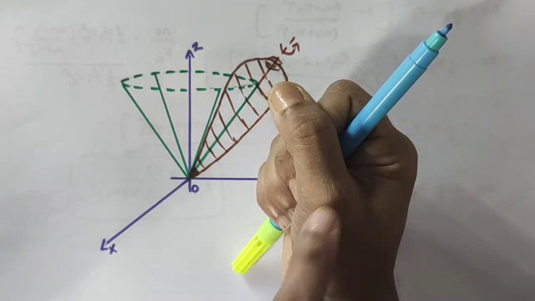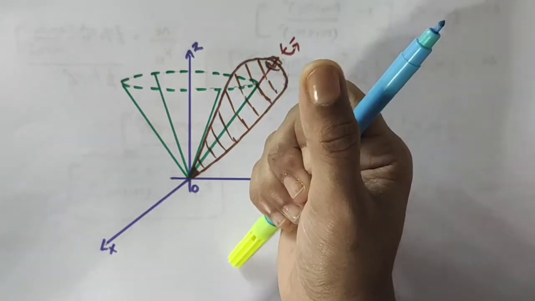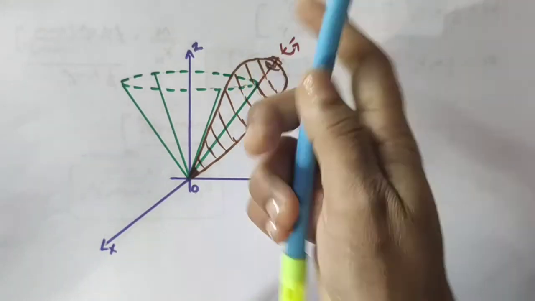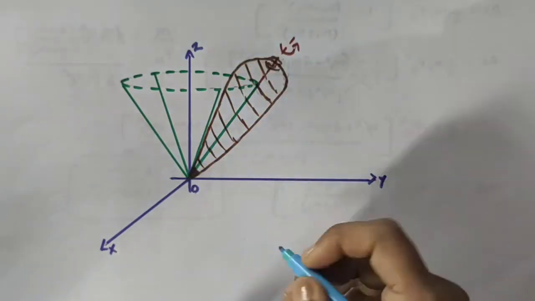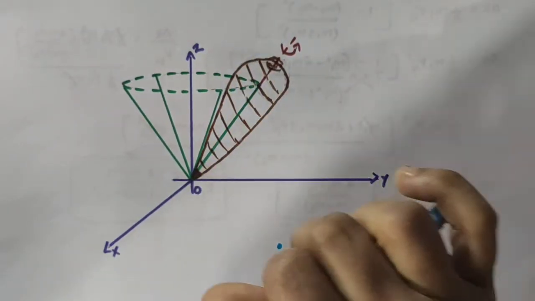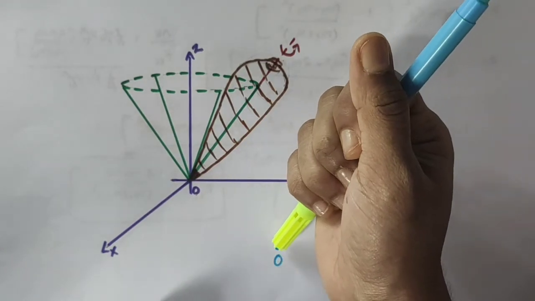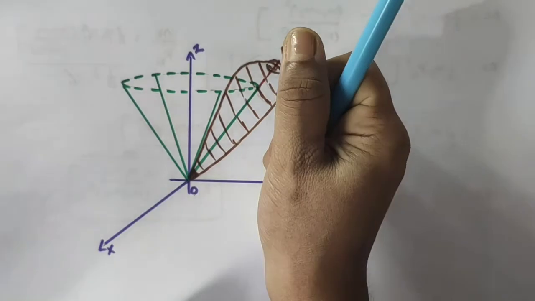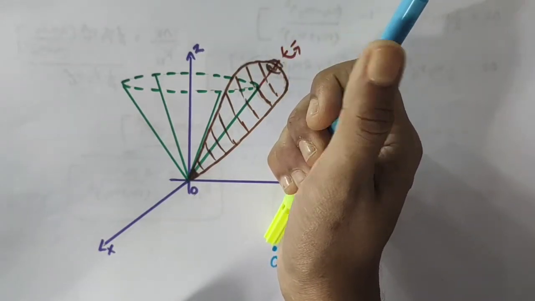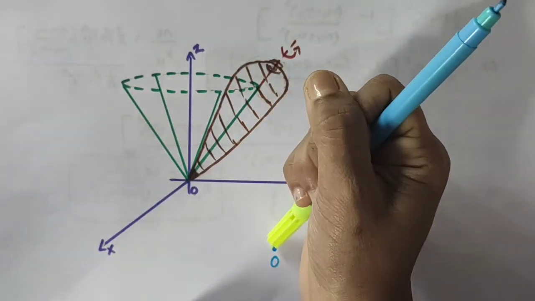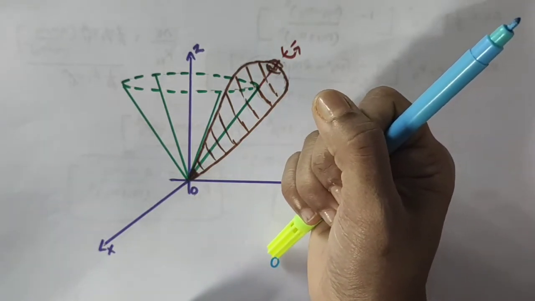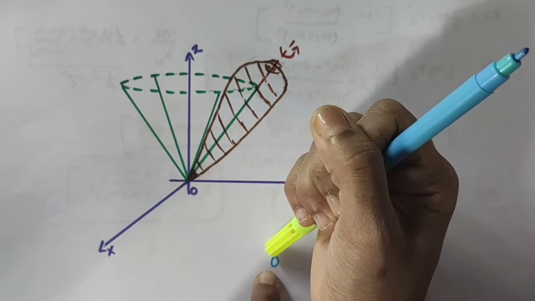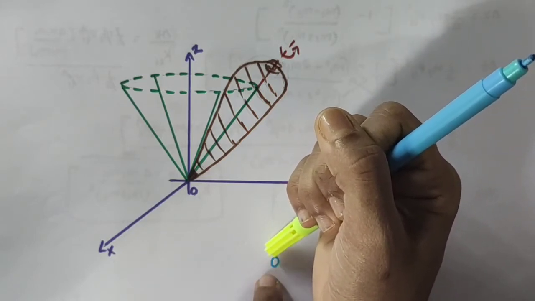Consider the sketch pen as the axis of the top, about which it is going to rotate. I'm taking this point as the point O. This is the tip of the top, and this is the point O at which the top is in contact with the ground.